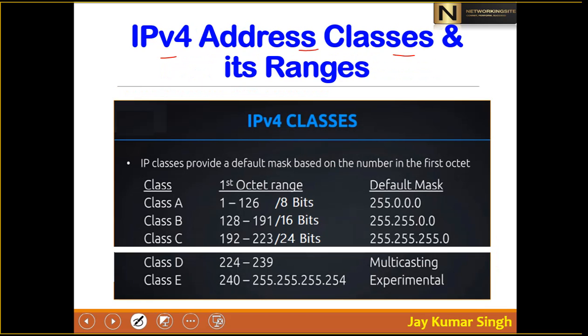IPv4 address classes and their range. This is known as classification. The numbers we have learned here from 0 to 255, they have now divided into 5 classes: Class A, Class B, Class C, D and E. And why they have separated it, because the organizations in the world are not equal, right?